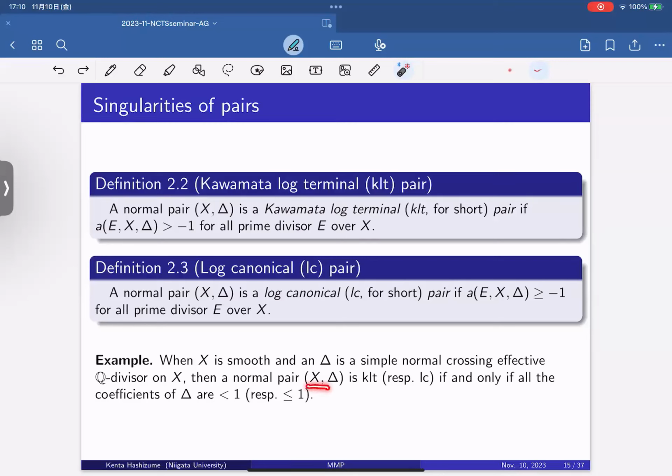Then the pair is KLT if and only if all the coefficients of delta are strictly less than 1. And (X, delta) is LC if and only if all the coefficients are less than or equal to 1.